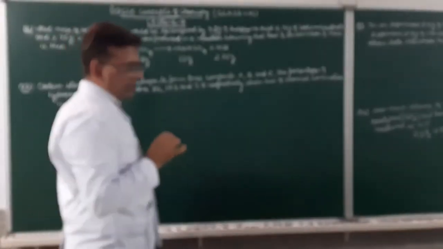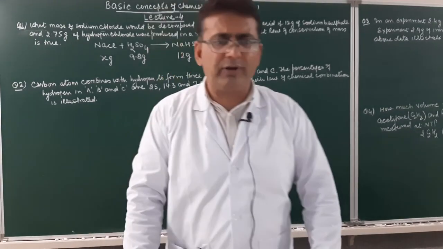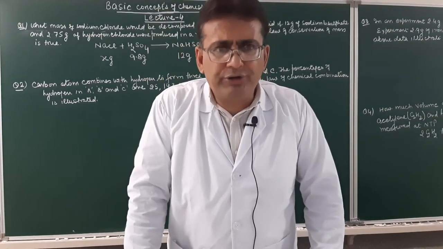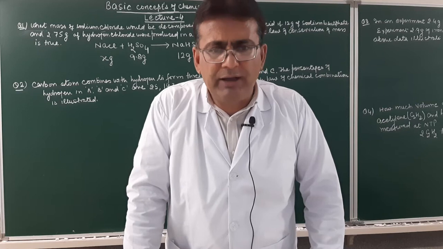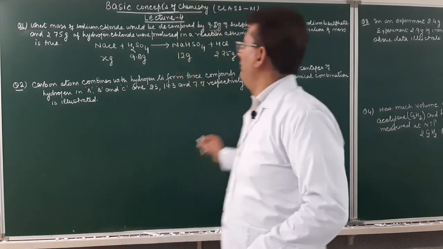So, which law will be applied? The law of conservation of mass. According to the law of conservation of mass, the total mass of the reactants will be equal to the total mass of the products. How will we solve it?